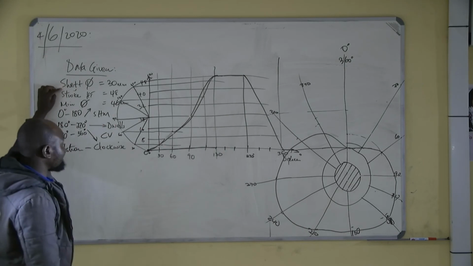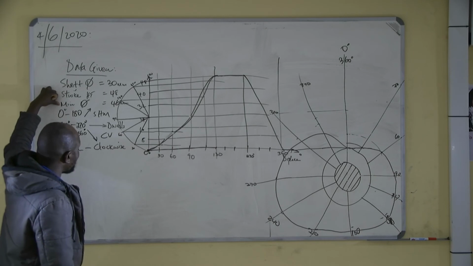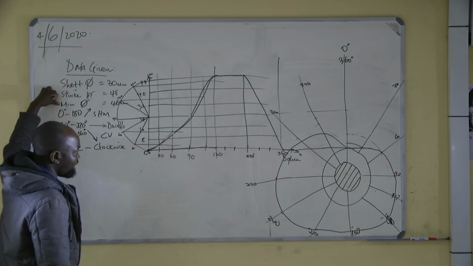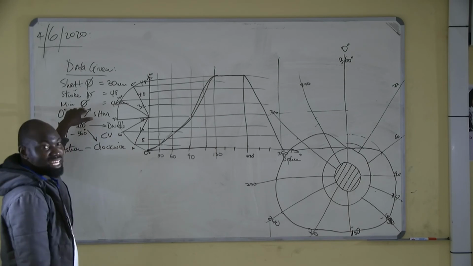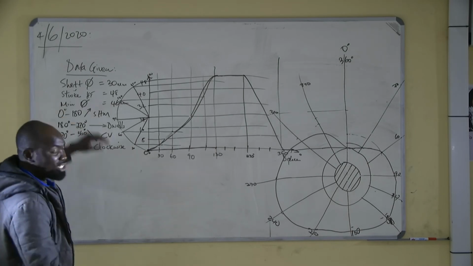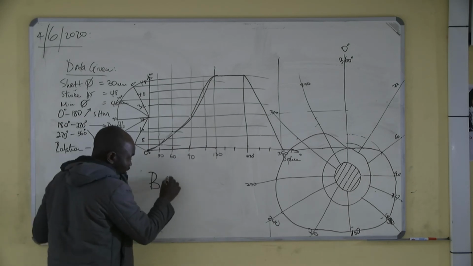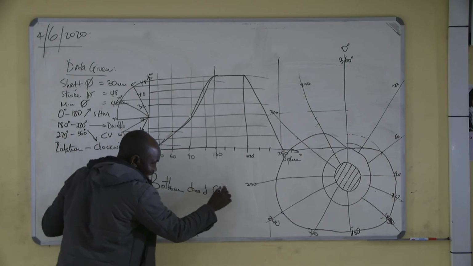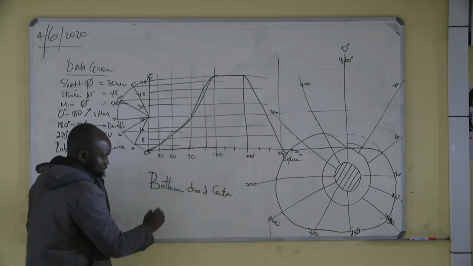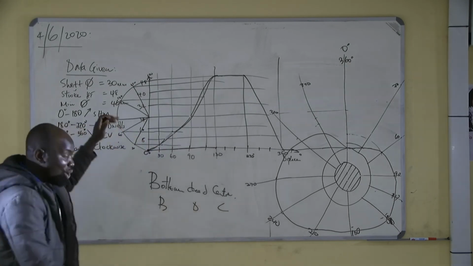Right? Now, for the profile, we said these are the two things you look at. You look at the shaft diameter, and you look at the minimum diameter that you are given. And we said that the minimum diameter gives you the lowest point, what you would call the bottom dead center.